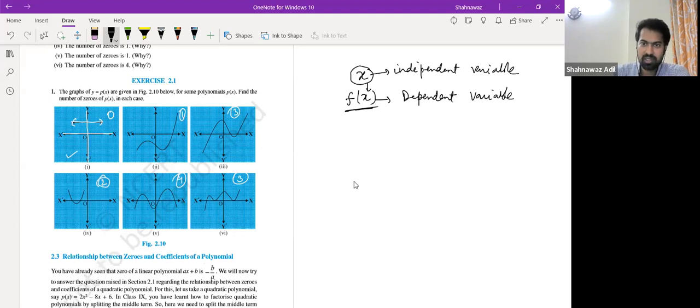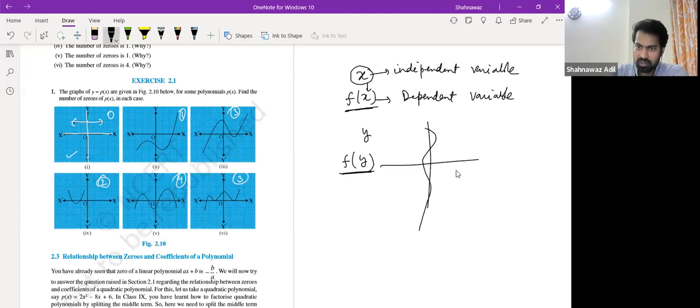If you write the independent variable as y and draw f(y), then whatever points it cuts on the y-axis, where f(y) becomes 0, will be the number of the zeros.